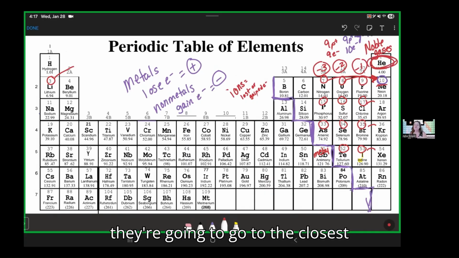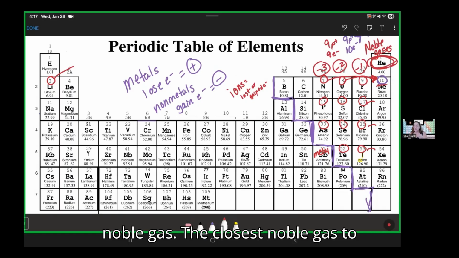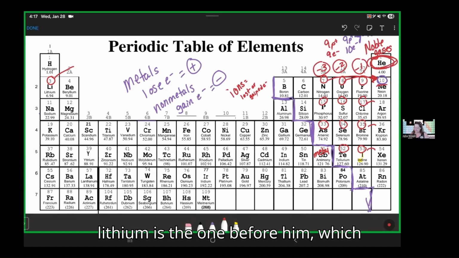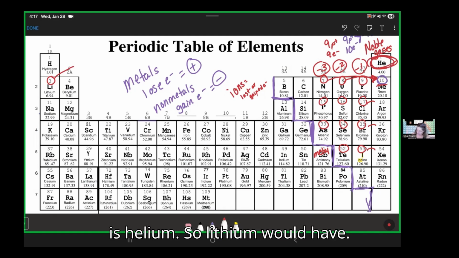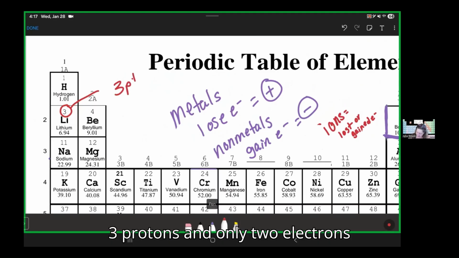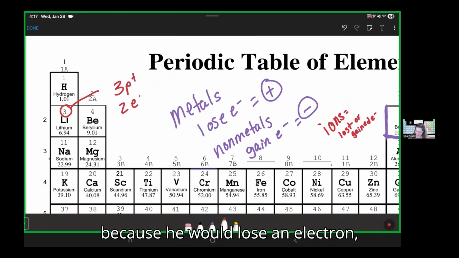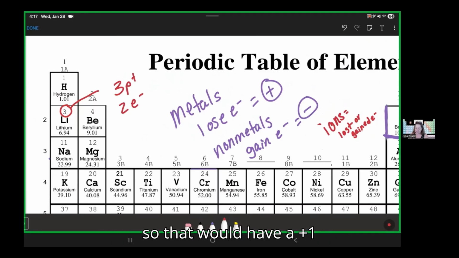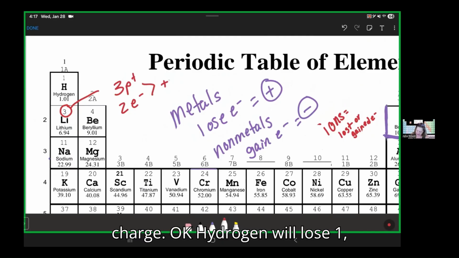They're going to go to the closest noble gas. The closest noble gas to lithium is the one before him, which is helium. So lithium would have 3 protons and only 2 electrons because he would lose an electron. So that would have a positive 1 charge.